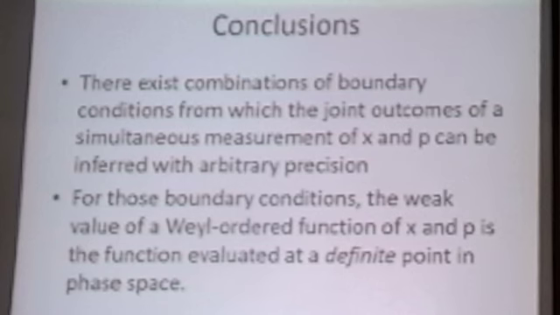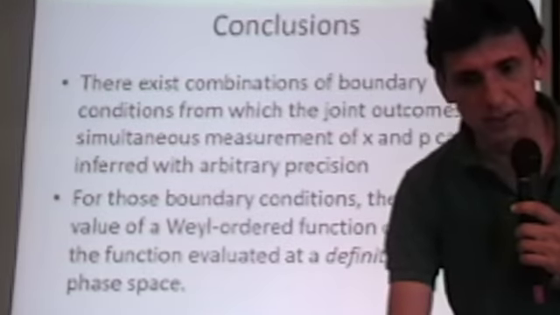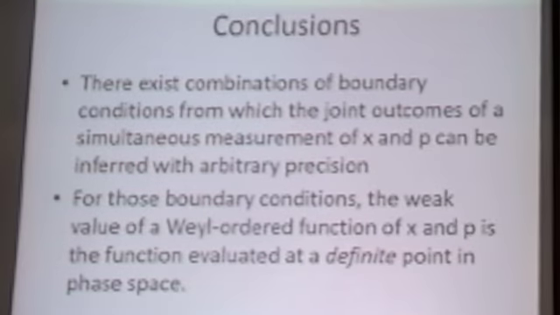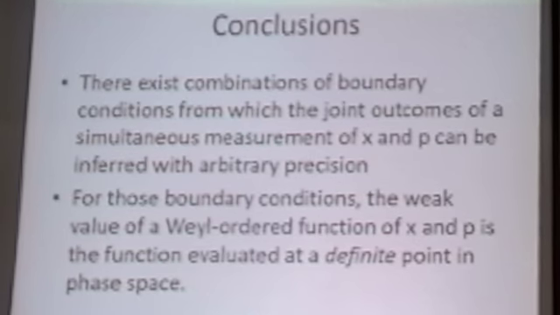And for the same boundary conditions, you can show that the weak values obtained there essentially give you the corresponding phase-space function evaluated at those inferred values, x tilde and p tilde. So I think the final conclusion is that there's something very interesting that quantum mechanics may be telling us: that with post-selection and entanglement, it may be possible to build a classical description of a point of phase space.